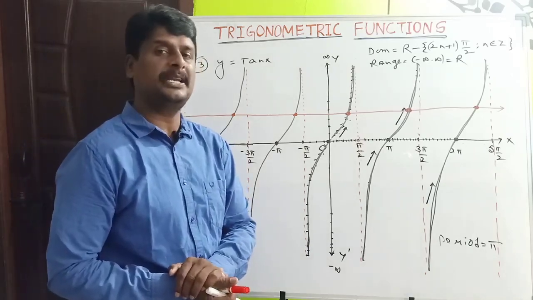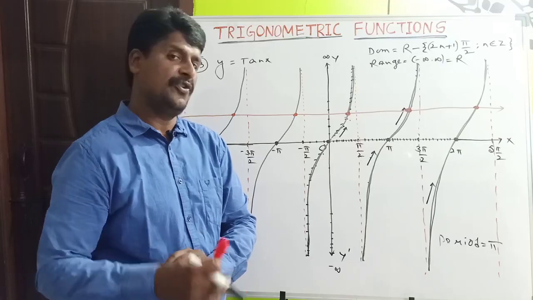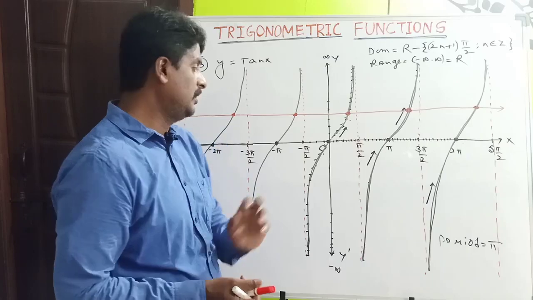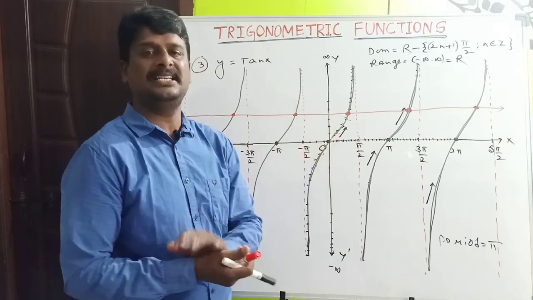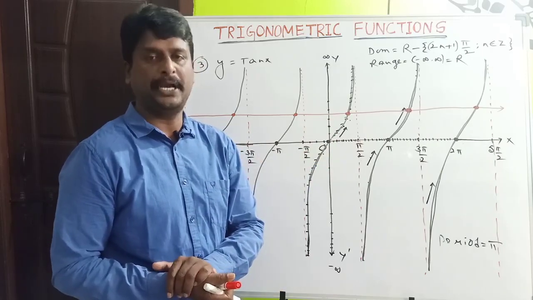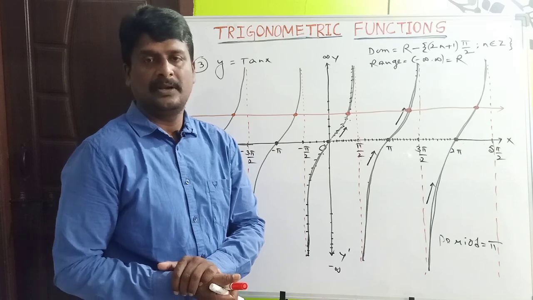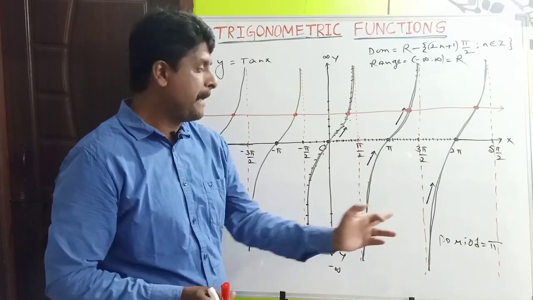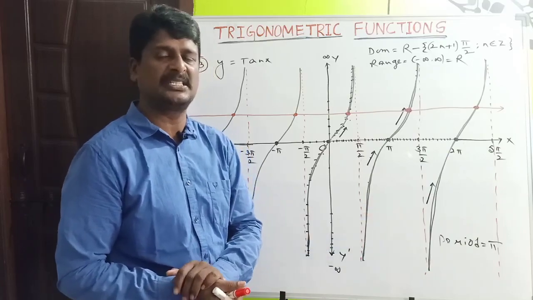These values can be calculated easily when we know the period of the function. For example, tan 30 degrees is equal to 1 by root 3. What is its period? Pi. Pi means 180 degrees.